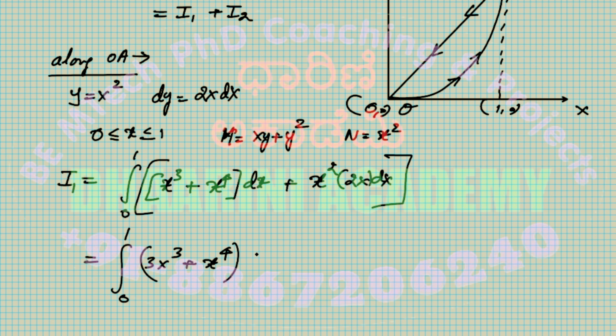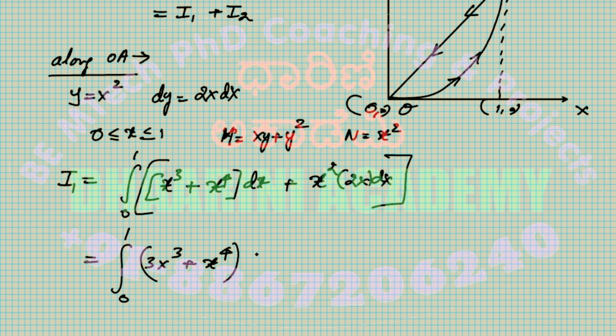And now you see what happens to y. Y lower limit is x square, upper is y equal to x. So what happens when you substitute? The first term is dou n by dou x, that is 2x, minus dou m by dou y, that is x plus 2y, dx. Is it dx dy? Dy dx, because y is inside. Dy dx.